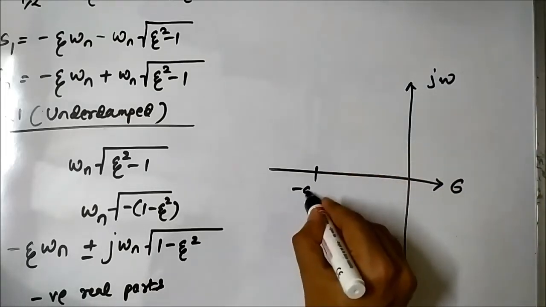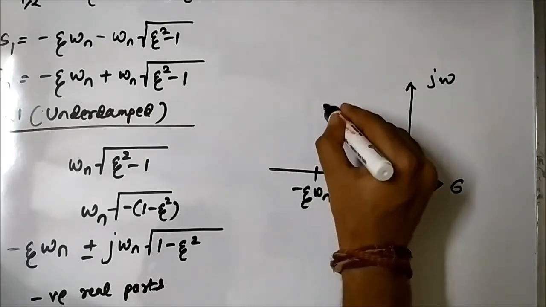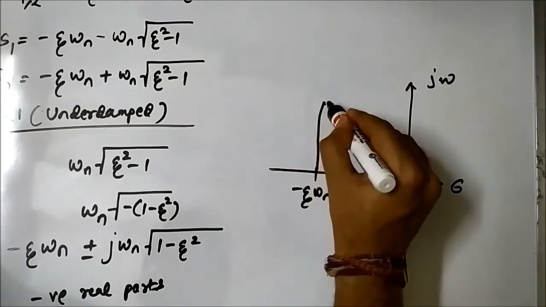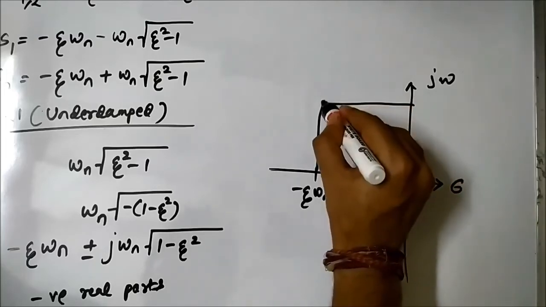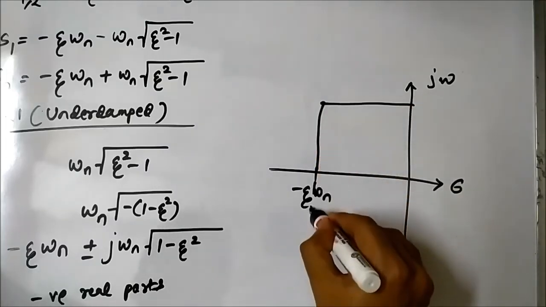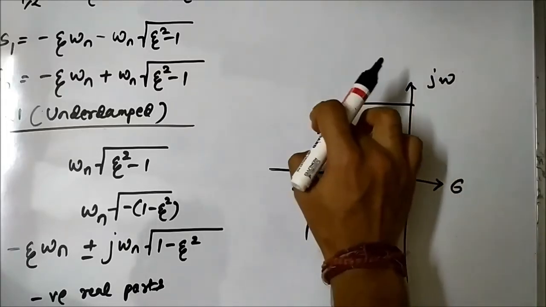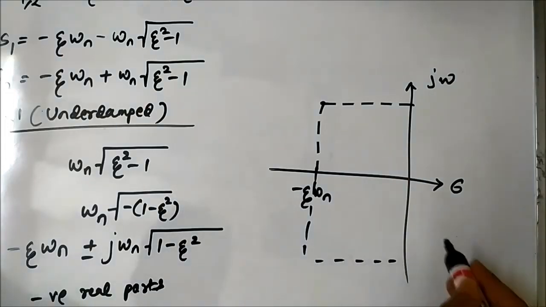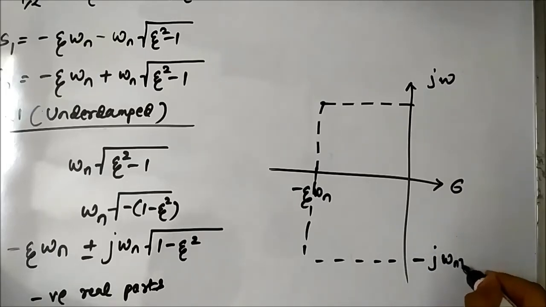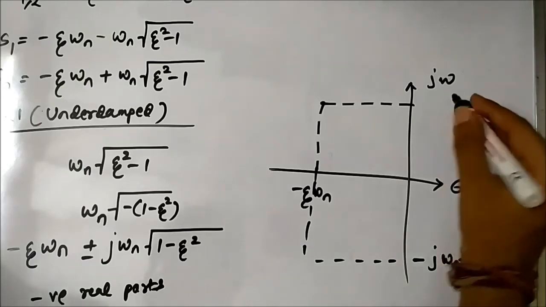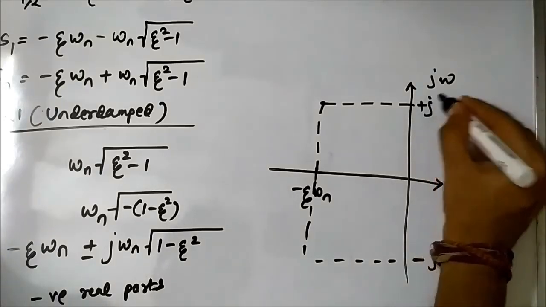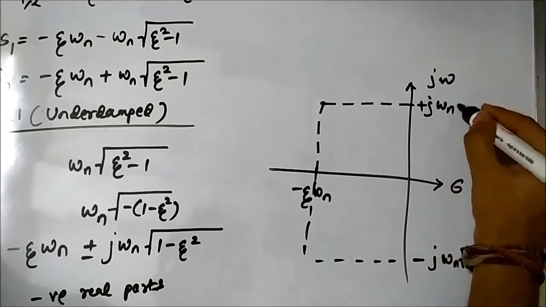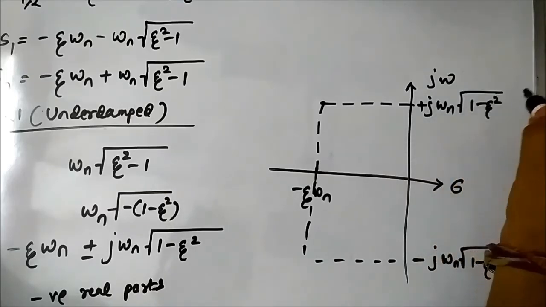This will be minus zeta omega n, this will be minus j omega n into root over of 1 minus zeta square, and this will be plus j omega n into root over of 1 minus zeta square.